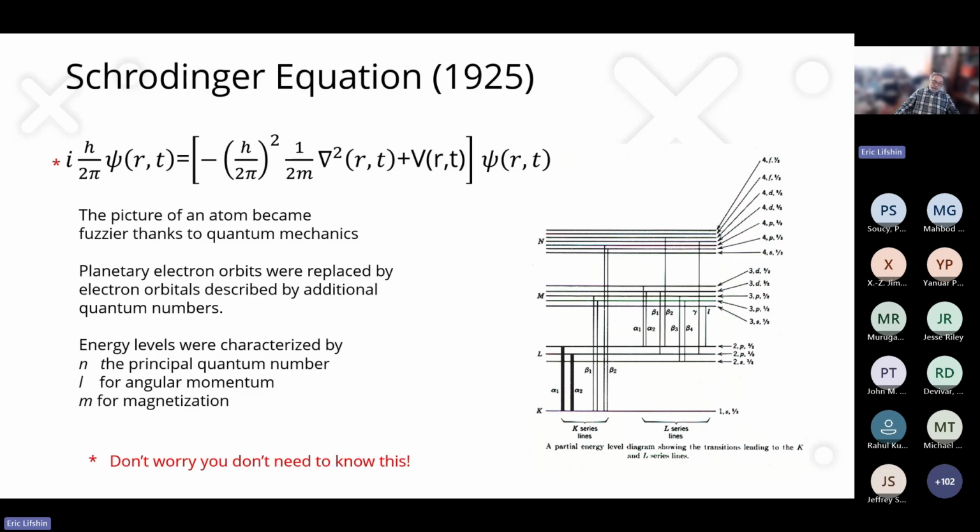And so the picture of the atom became a lot fuzzier, with the planetary orbits being replaced by these orbital things, which you'll learn about in some of your more advanced chemistry classes.